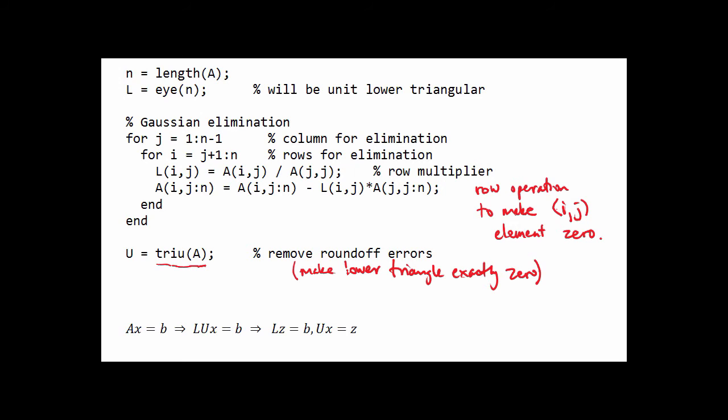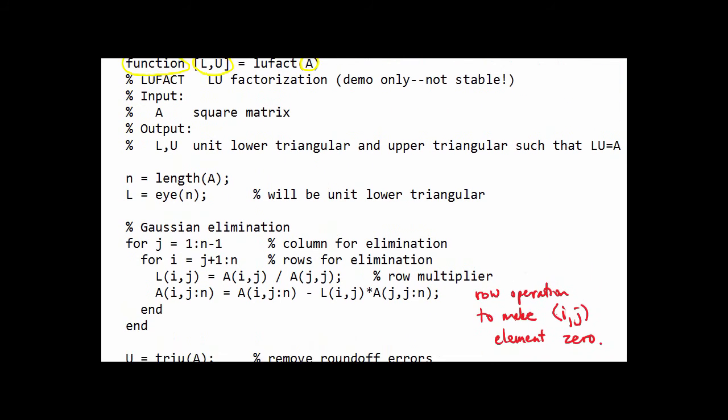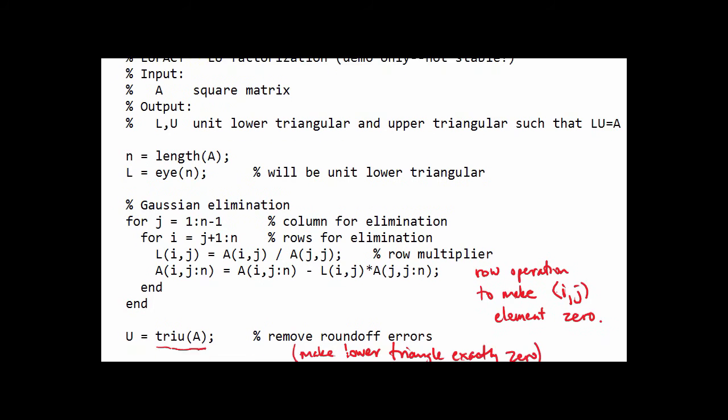Alright, so this function will then take a square matrix A and return L and U triangular matrices so that L times U is equal to A.